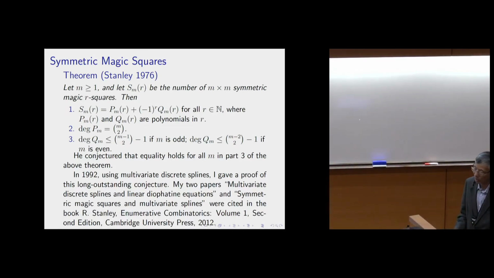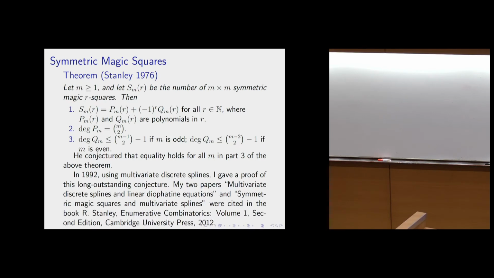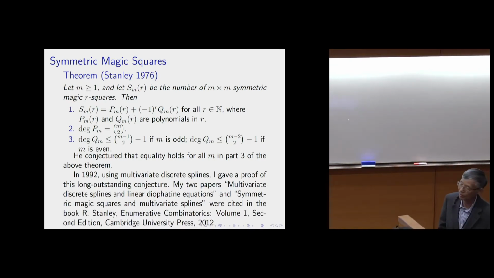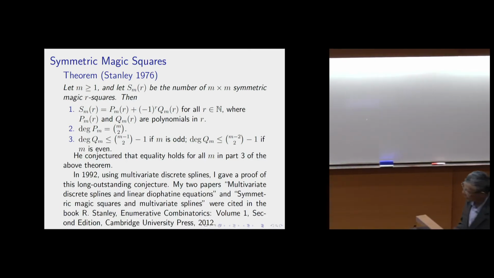In June 2010, I received an email message from Stanley, a very friendly message. He asked me for a reference because he was doing a revision of his book. He even asked me how my name is written in Chinese characters, and he even asked what is the meaning of my name.